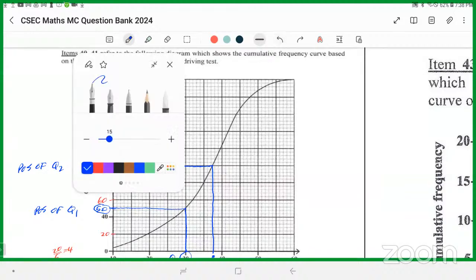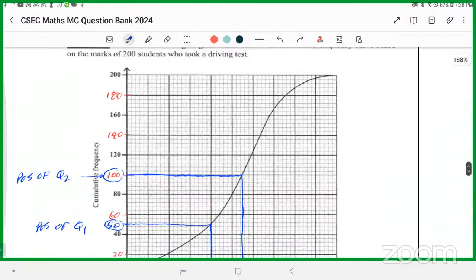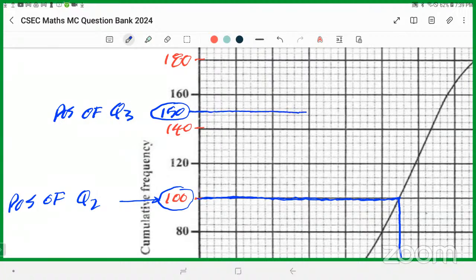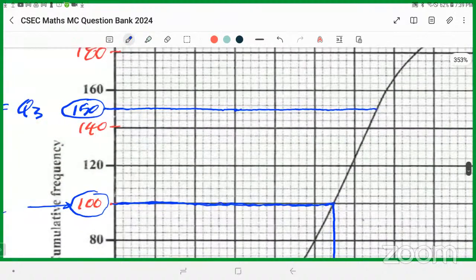All right? So it's a 150, you're looking for 150. So 140 here and 160. So 150 is right in between here, 150. This now is the position of Q3. Come across on the graph and you read what score Q3 is down on the x-axis. Looks like right on that line there.